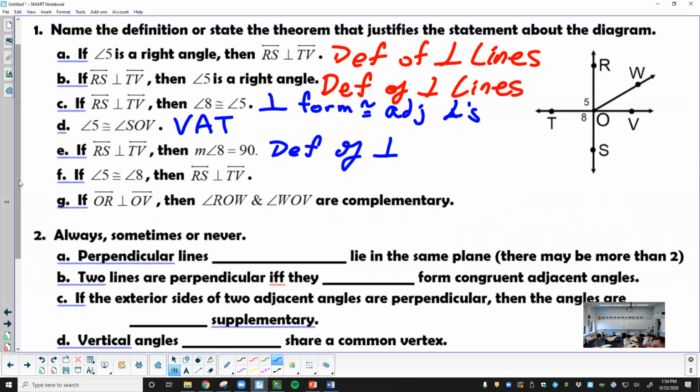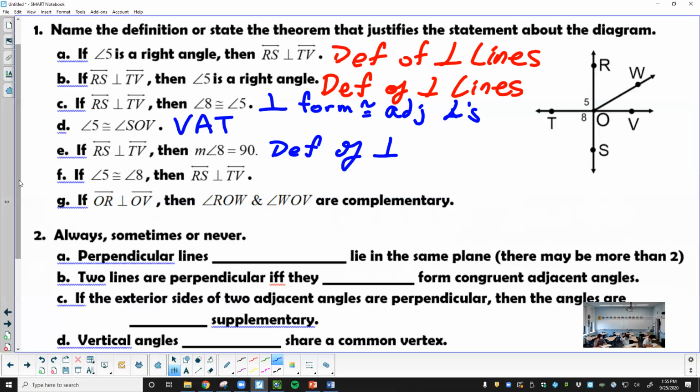What type of angles are 5 and 8? Right angles? No, we don't know that. We only know that they're equal and they're adjacent. Now we do know that they're supplementary because they lie on the same line.